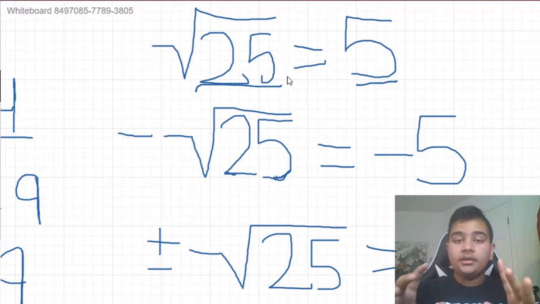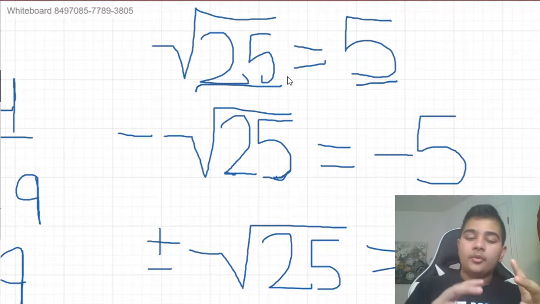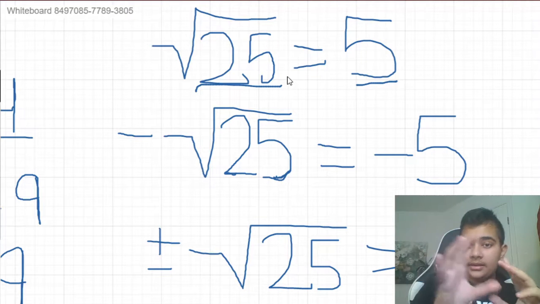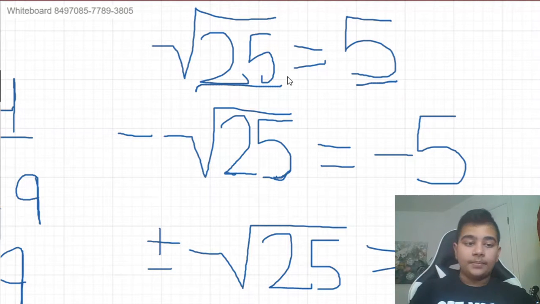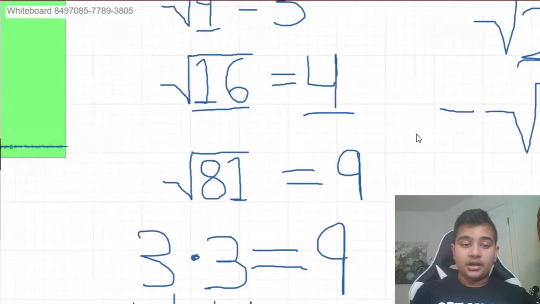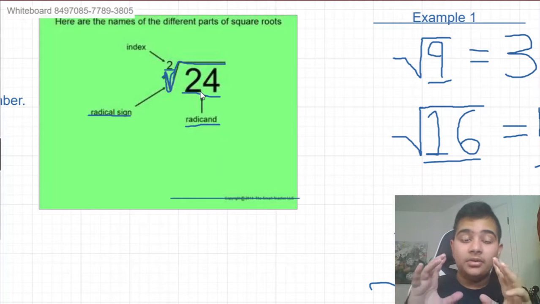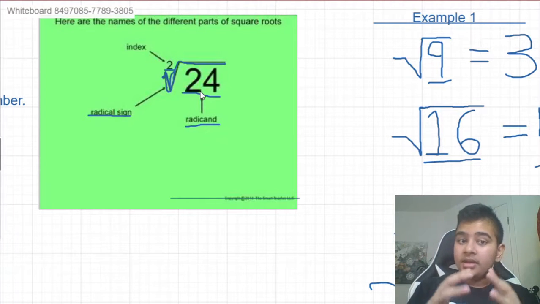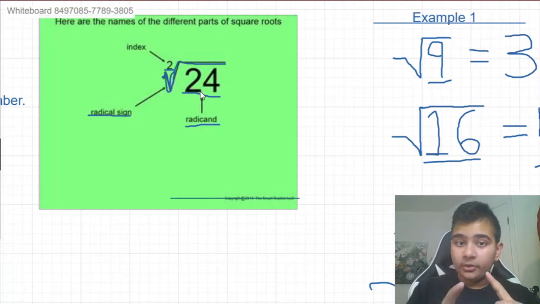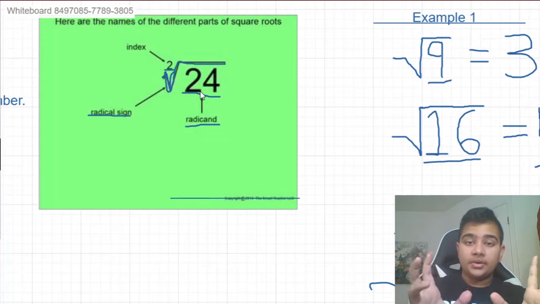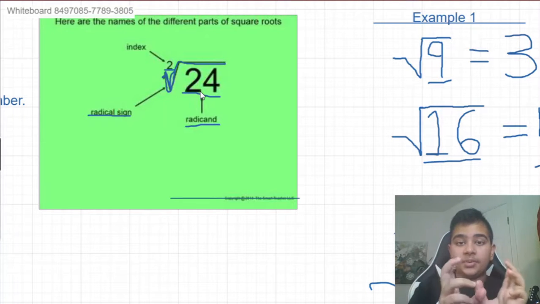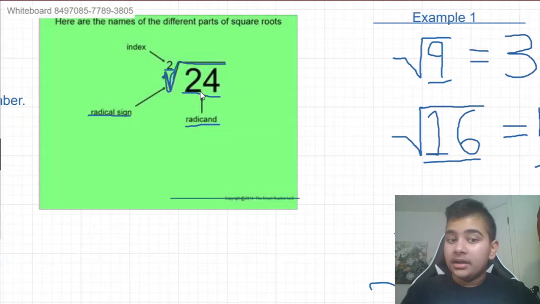So again, what is the square root? So the radicand inside the radical sign, when it's completely solved, if it's a perfect square, that means two numbers that are the same, multiplied, can equal the number the radicand is.